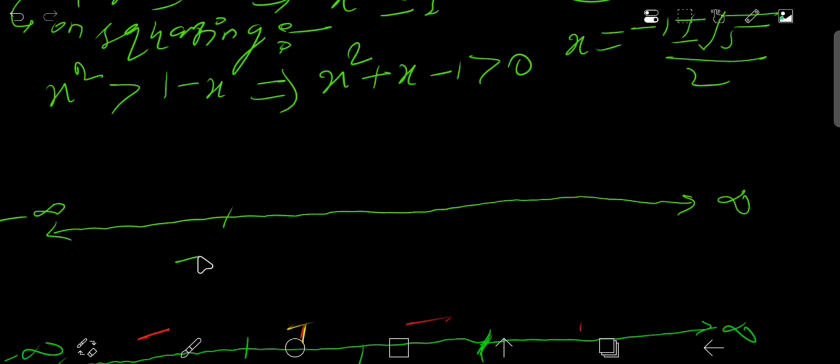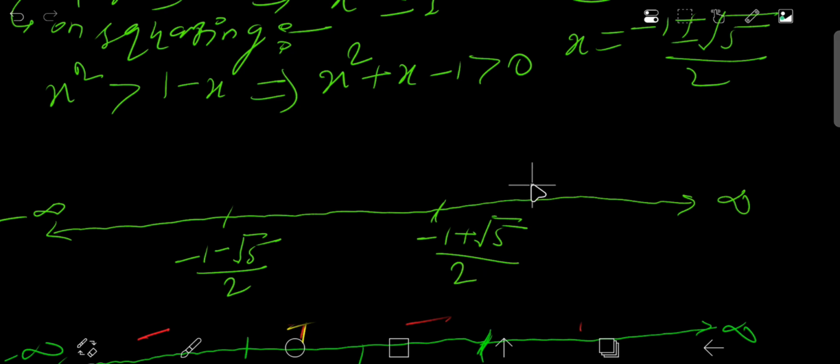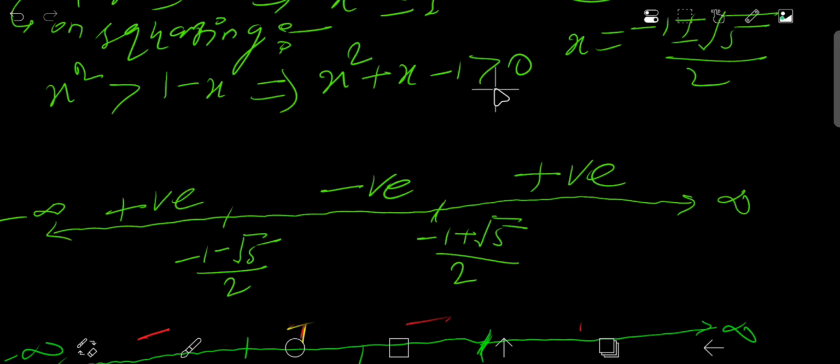So here we write minus 1 minus square root 5 divided by 2, and on the right, minus 1 plus square root 5 divided by 2, and in the rightmost we put a plus sign. The sign changes at each root, from positive to negative, and this side is positive, and this one is greater than 0, so we take the positive interval.